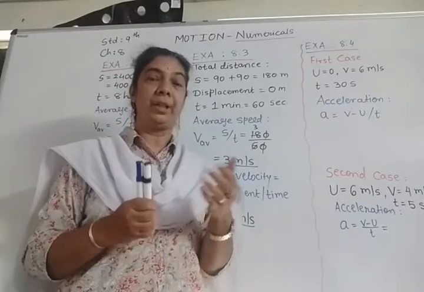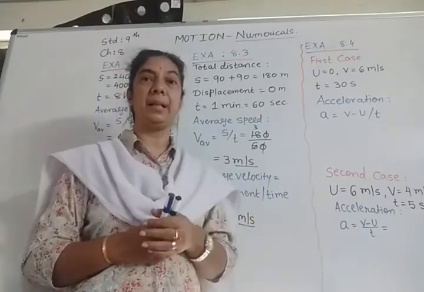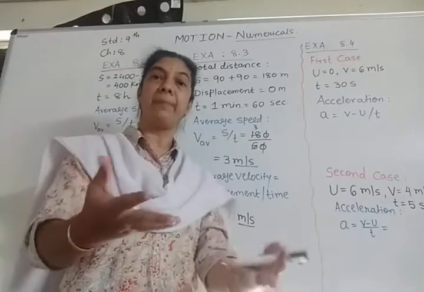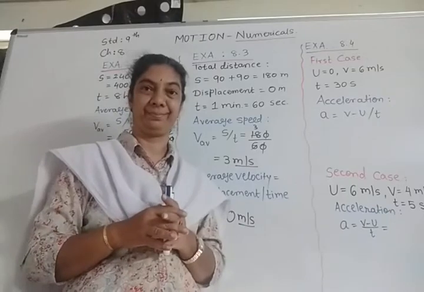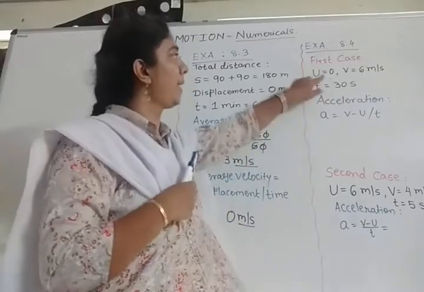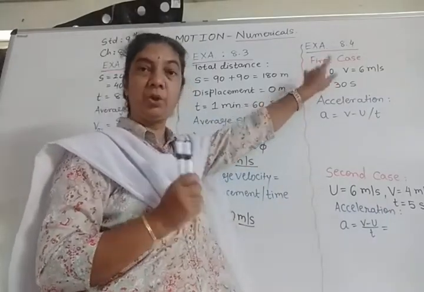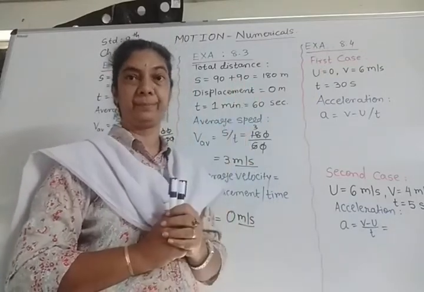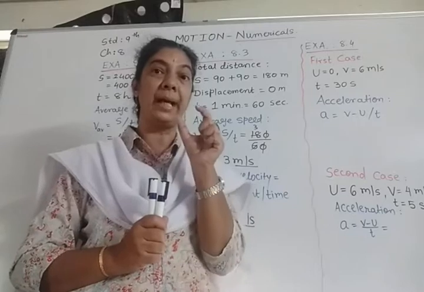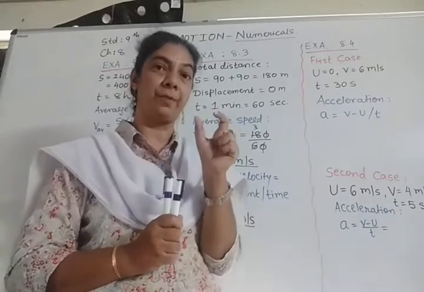You know when you start riding the bicycle, immediately you do not get the maximum speed. So that is attaining. He had started from rest, so initial velocity will be 0. See, it's very important to get the data from the question, friends.